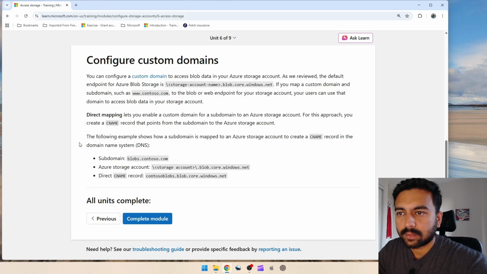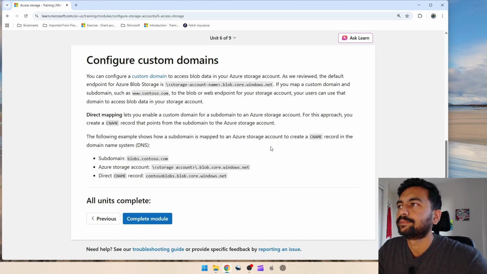How is a subdomain mapped? So blobs.contoso.com is the subdomain, and the storage account is your storage account's name dot blob.core.windows.net, but then you also use the CNAME record, which is contoso blobs dot blob.